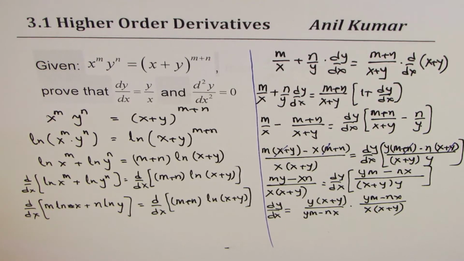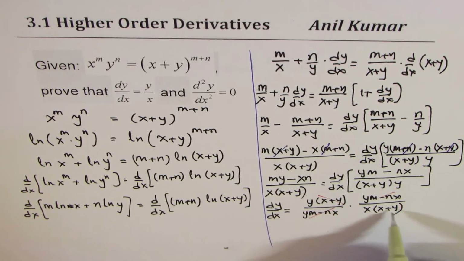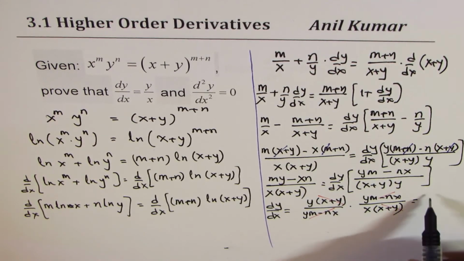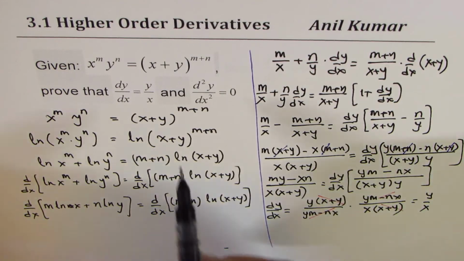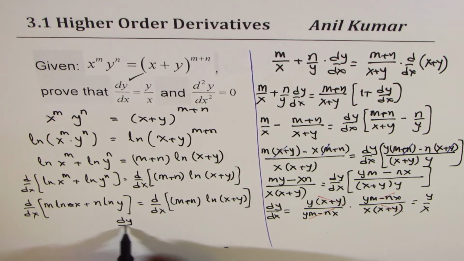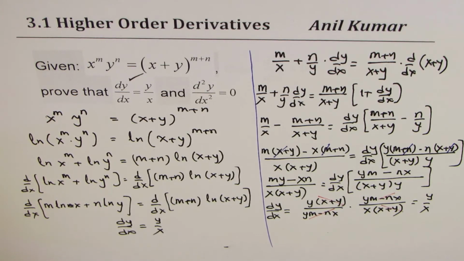As you can clearly see, these terms cancel away and x plus y also cancels away. So we get dy/dx equal to y over x. Perfect. So we have proven the first part of it. Now we know that dy/dx is indeed equal to y over x.